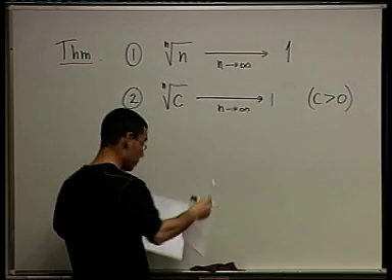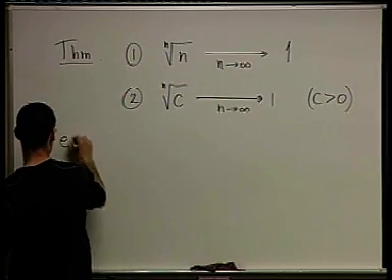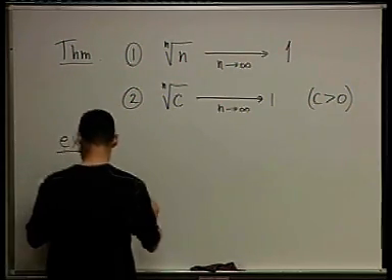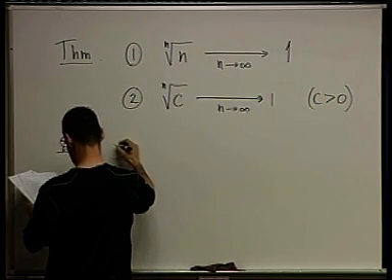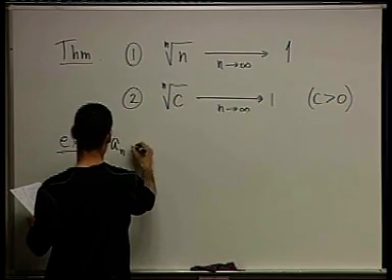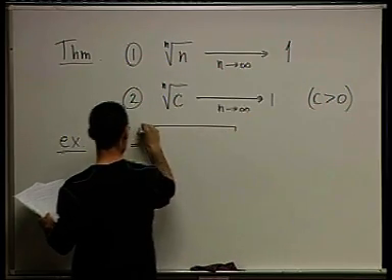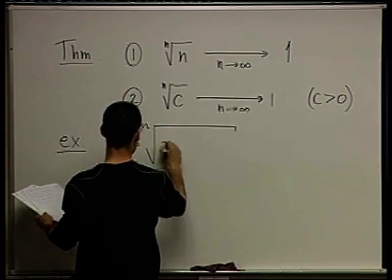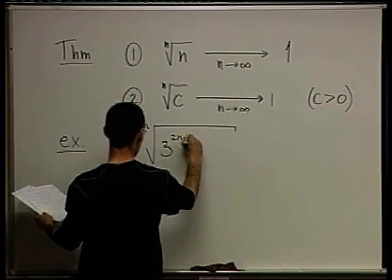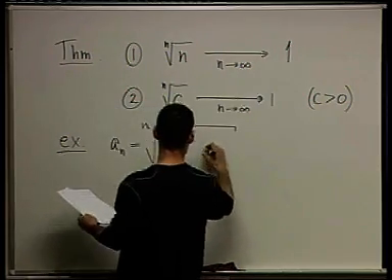suppose I asked you what is the limit of the sequence a_n, which is the nth root of 3 to the power 2n plus 1 times n.